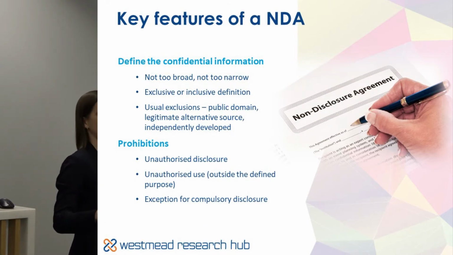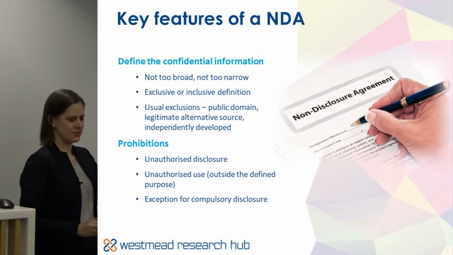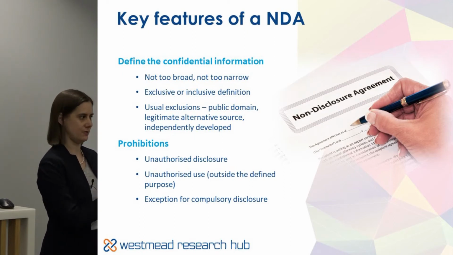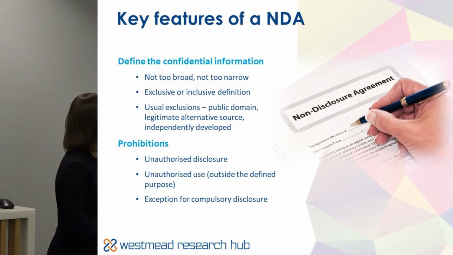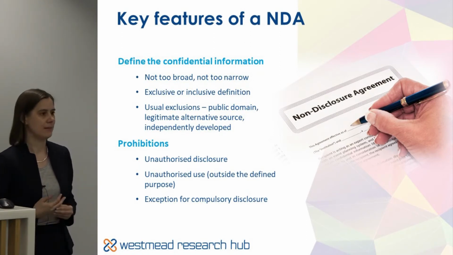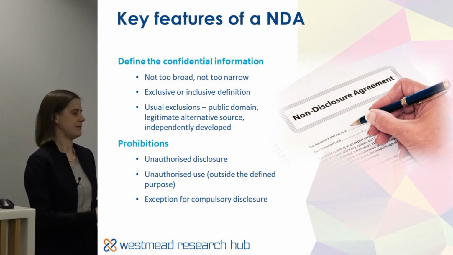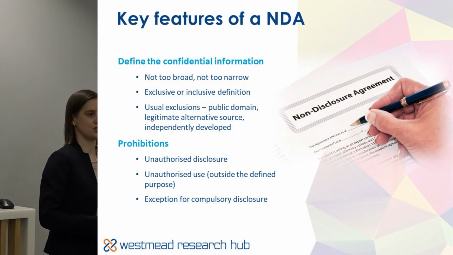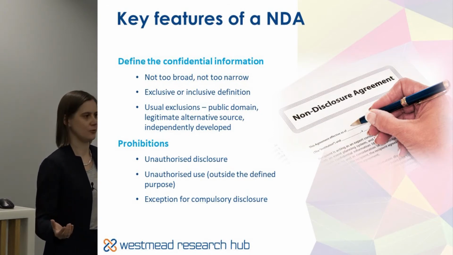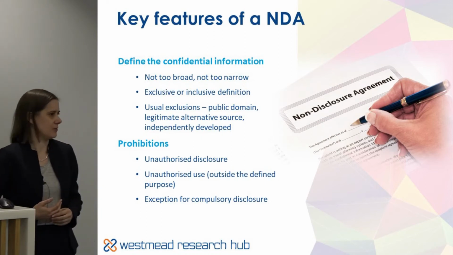Any information, unless it's part of some narrow exceptions, or be really clear to say, look, it's only this type of information and it's only if I actually put confidential on the document, that kind of thing. There's usually a number of exclusions, so anything that's already in the public domain is typically excluded from definitions. If someone already had it in their possession lawfully from somebody else, or if they come up with it themselves without reference to the information, that's not normally stuff you can protect.